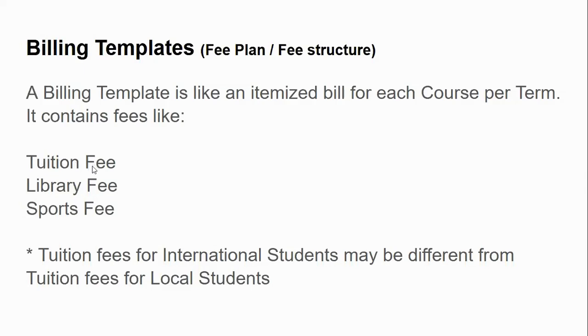Remember that the tuition fee for those doing engineering will be different from the tuition fee for those doing maybe biological science. So whilst you are generating your billing template, you include the fees in that template so that once you select the student group, it applies those fees to them.